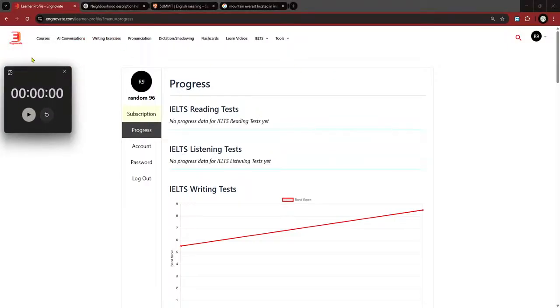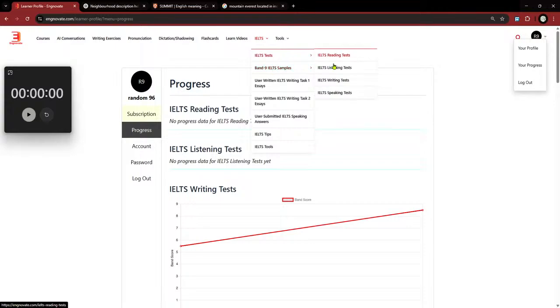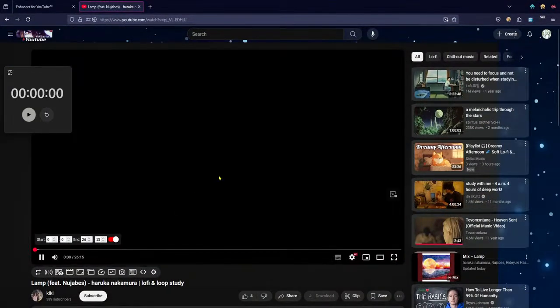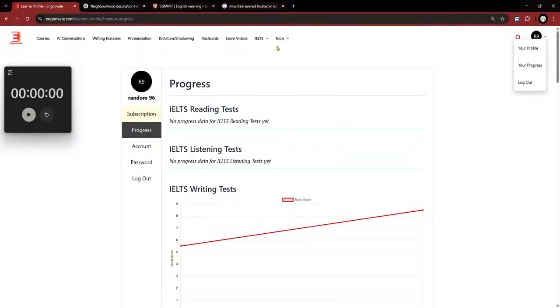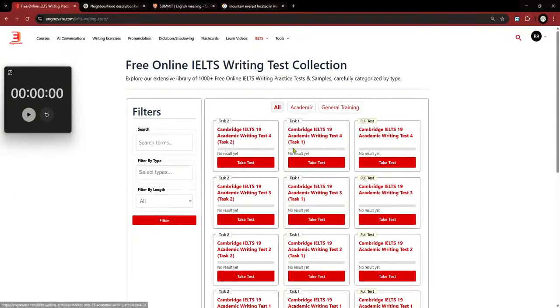I just have to do the writing test today and in the morning. I'll focus on task one for now. Sorry, task two, because that's the most important.